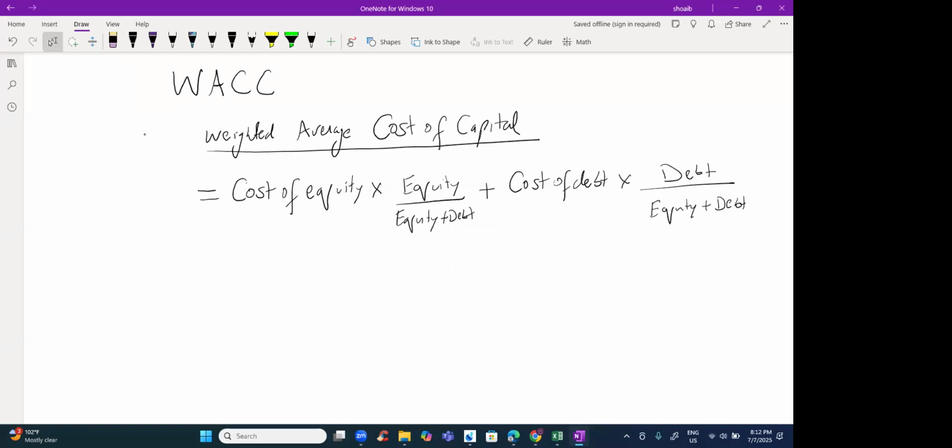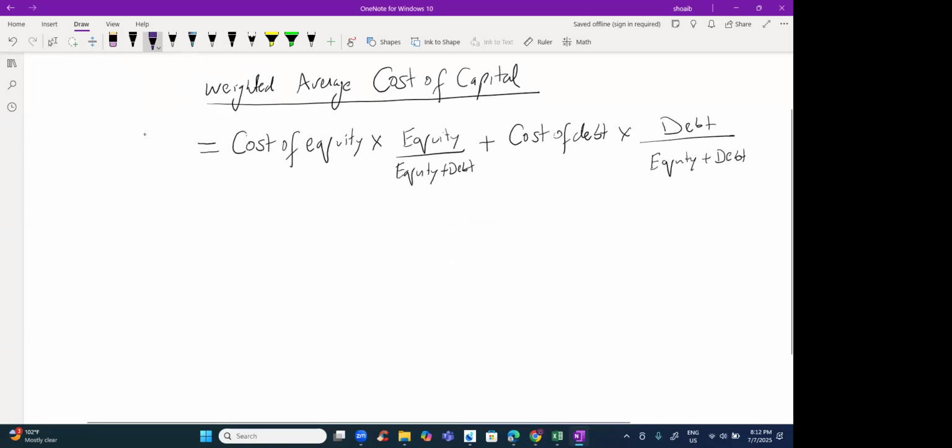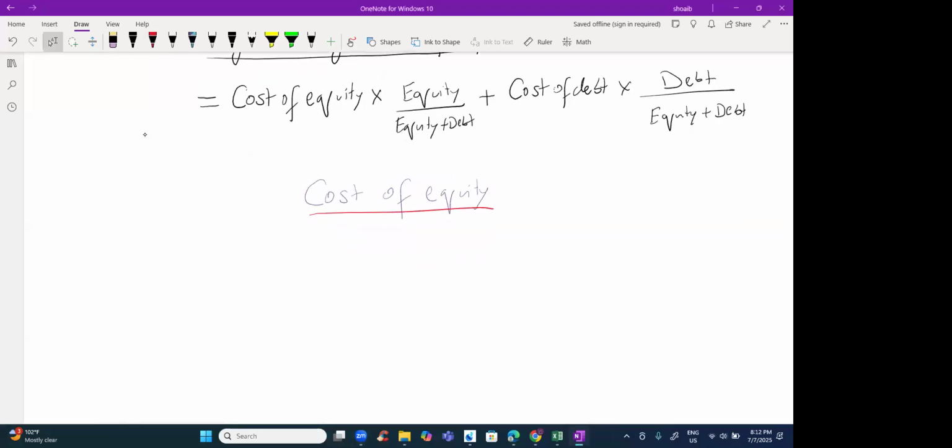So how to calculate cost of equity? Number one, cost of equity. We will start with cost of equity. We will calculate cost of equity using CAPM formula.